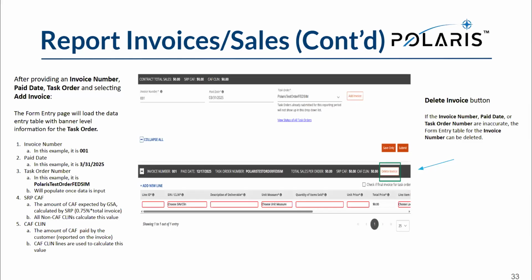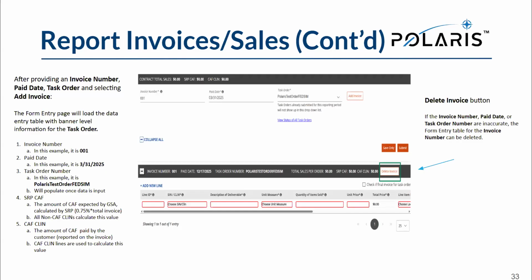You can't see them all here, but the fields are line ID, SIN, CLIN, CLIN description, which is a pick from a drop-down list, description of deliverable, which is an open field, unit of measure, quantity of items sold, unit price, total price, line item location, purchase line fee, category, security clearance level, applicable labor law.